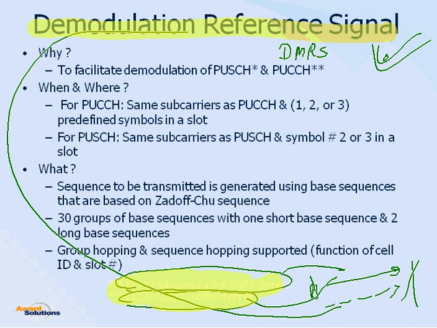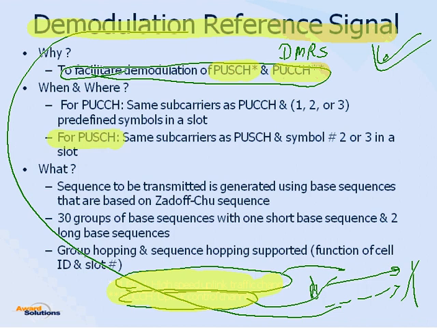The reference signal will essentially help the E node B figure out the content of the traffic channel and the control channel in the uplink. And the standard defines specific time slots for the subcarriers that will carry the reference signal.